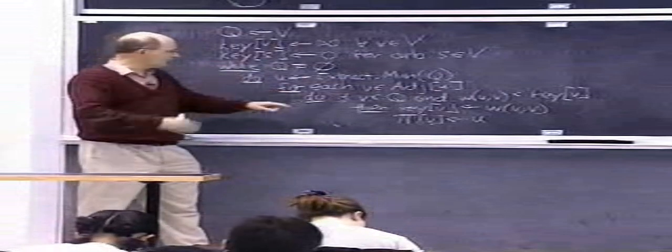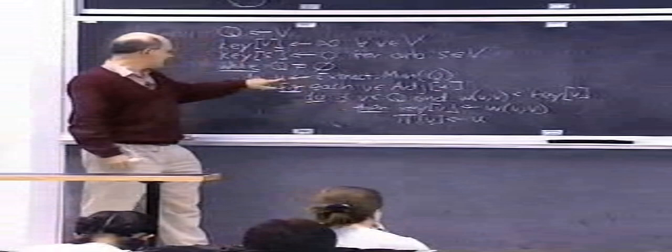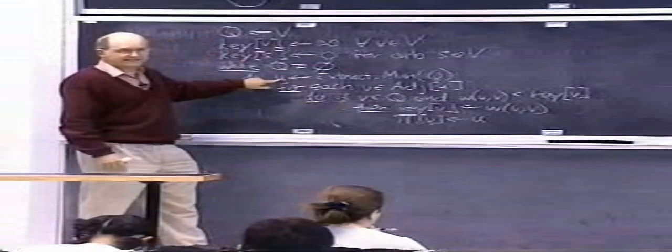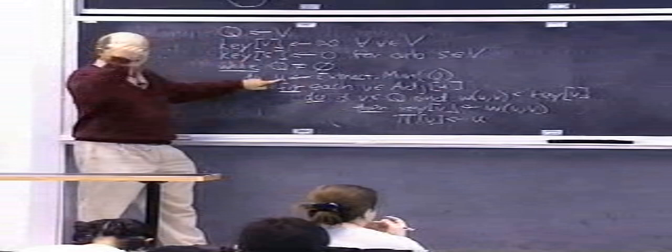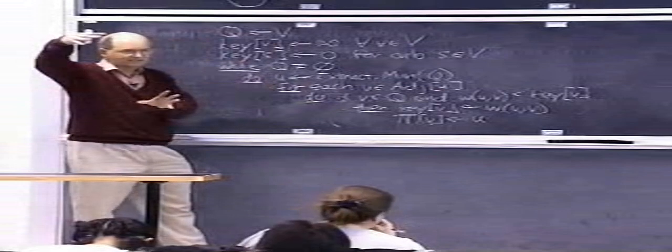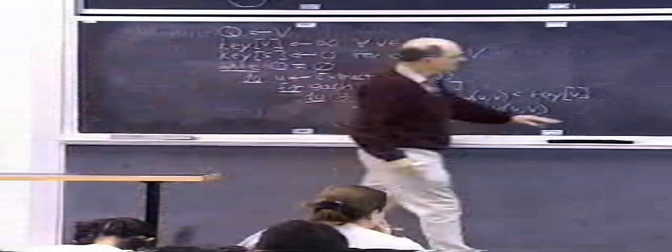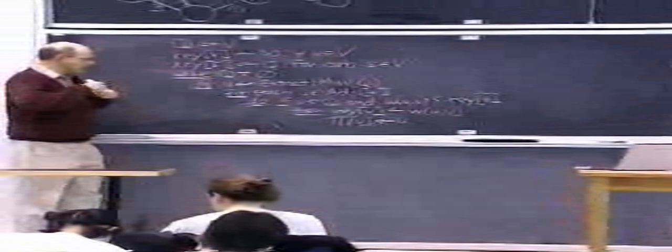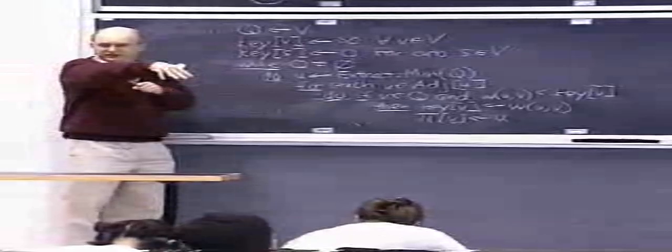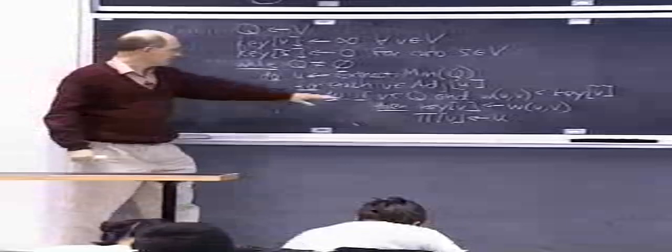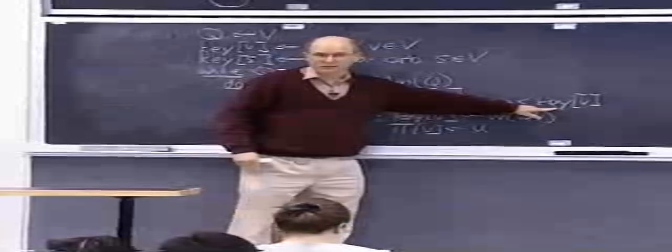When we take it out of Q, we're now putting it in the set A. That's what we mean by taking it out of Q, because Q maintains V minus A. And now for every vertex that's still in the Q, let me compare the weight I have, and if it's less than the weight that it used to have there, let's update the weight.